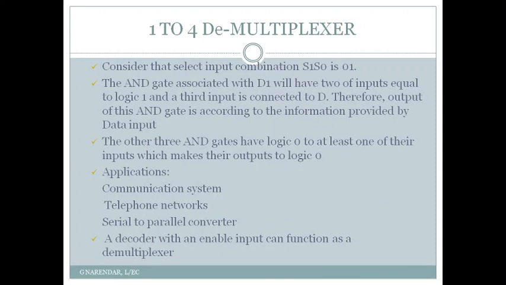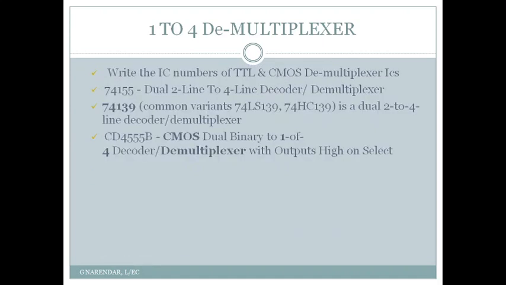And after that, we have seen the applications of the demultiplexers in general, and we have also learned that a decoder with enable input can function as a demultiplexer. And finally, we have seen the important IC numbers of the demultiplexer ICs, both from the TTL and CMOS families.